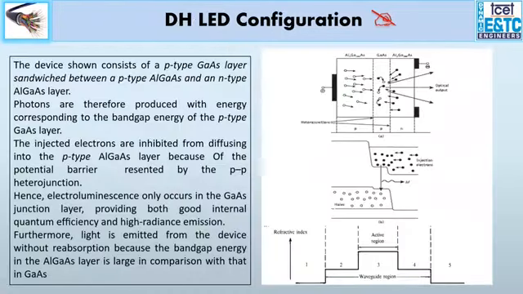And hence all the recombination will take place in this particular thin area only, and no carrier is moving to this area for any recombination or release of photons, nor are carriers from this area coming to this one. So this layer is called the confinement layer, which is restricting all the recombination to this area, and hence we get optical light with high intensity because of this heterostructure.